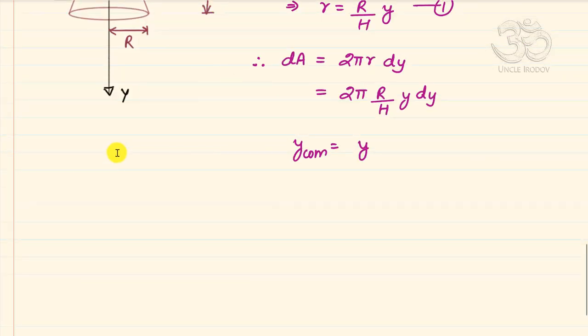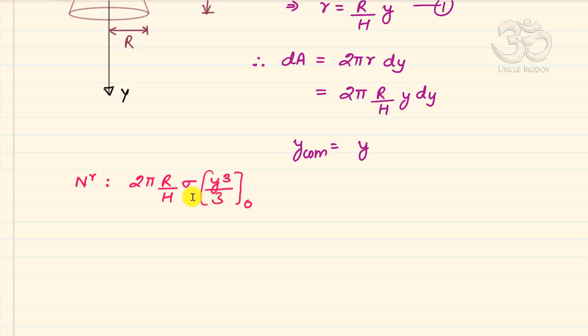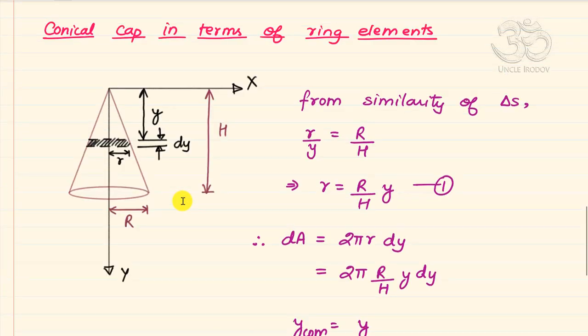So in one step, when you are going to find out the numerator, you will get 2 pi big R by big H times sigma times this y, and this y will give you a y square, and y cube by 3, which you will integrate from 0 to capital H, because now the limits for y will be 0 at the apex and big H at the base.